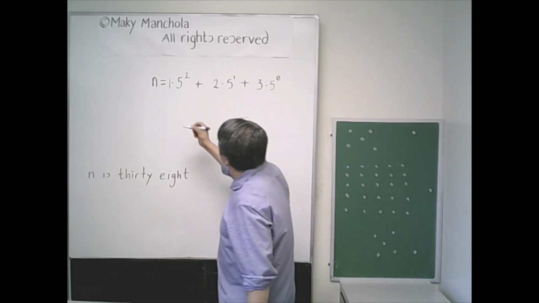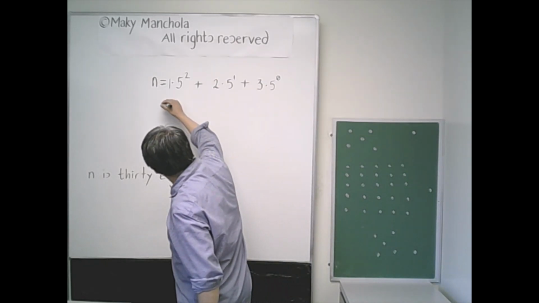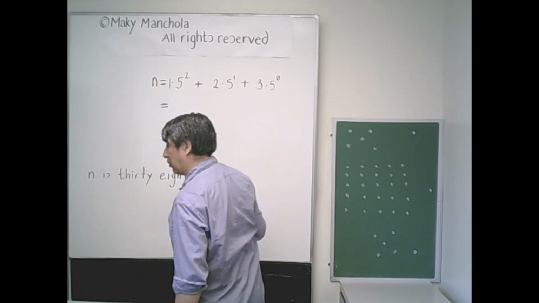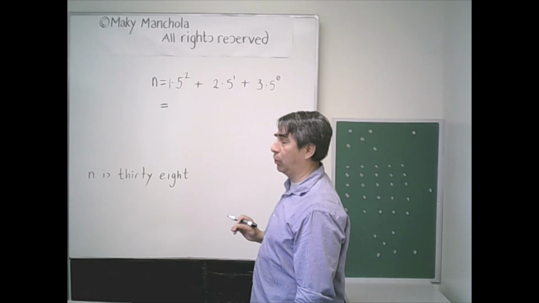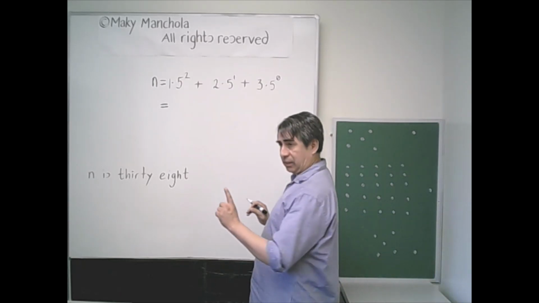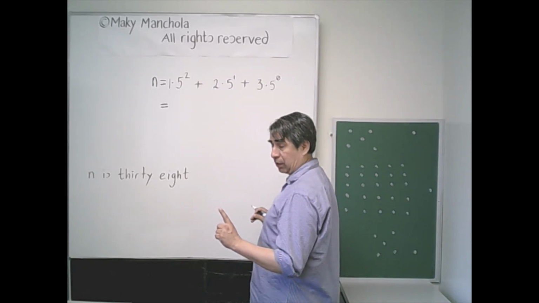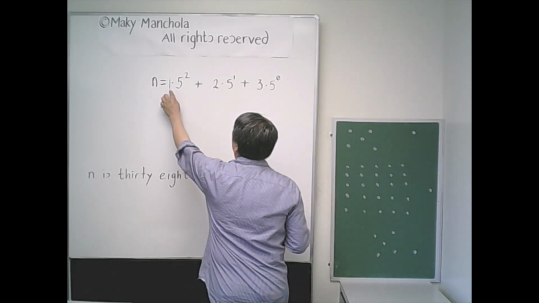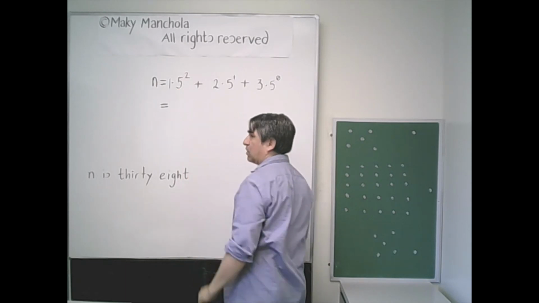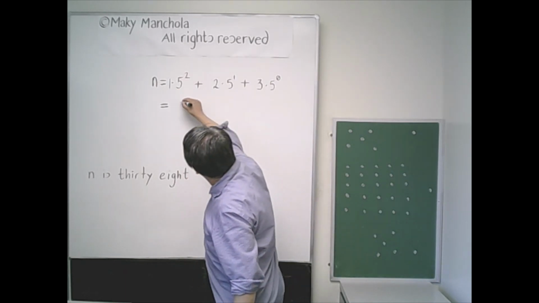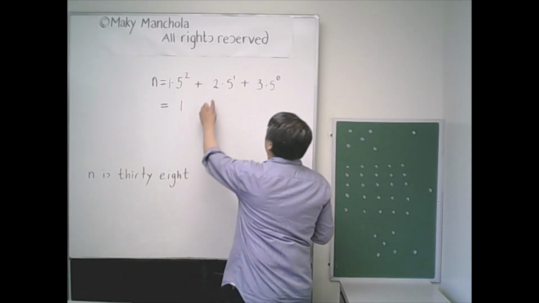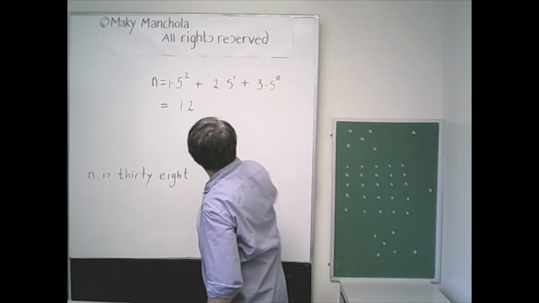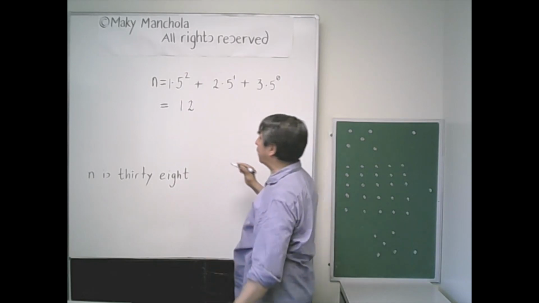Now, let me write this number n by using some notation. The notation we will use identifies the coefficients of the powers of 5. So there is 1 5 squared, there are 2 5 to the firsts, and there are 3 5 to the zeros.